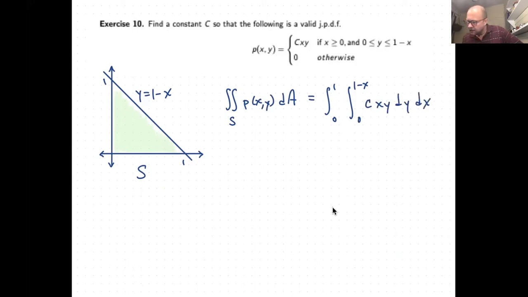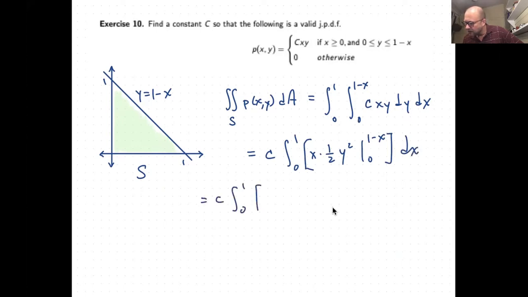So c integral 0 to 1. I'm just going to go ahead and do this in front of y'all. Sorry if that's at all annoying, but x times 1/2 y squared, the y evaluated from 0 to 1 minus x. I will put some brackets in there. And the dx, c integral 0 to 1, quantity 1/2 x times 1 minus x squared. And when we plug in 0, we'll just get 0, so we don't care about the rest of it.